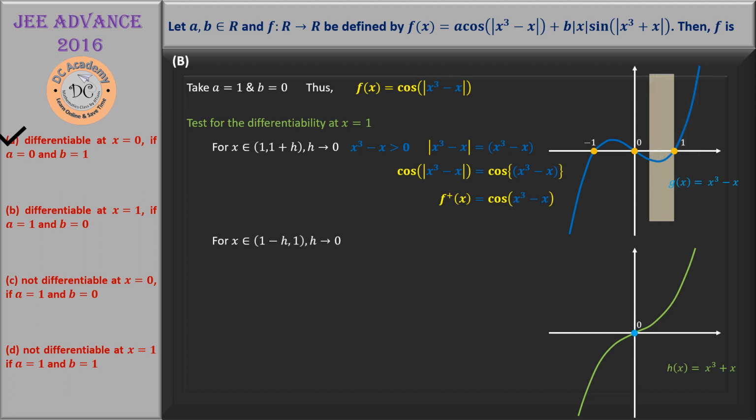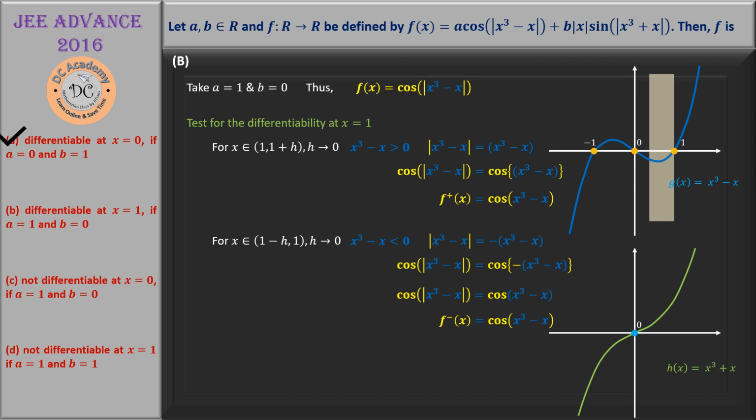Now if we take the limit on the other side, in the neighborhood region of x equal to 1, it will be 1 minus h to 1, h tends to 0. Here x cube minus x is less than 0, and therefore cos of mod of x cube minus x will be the cos of x cube minus x. Why? Because cos of minus theta is always equal to cos theta. So f minus is also cos of x cube minus x.